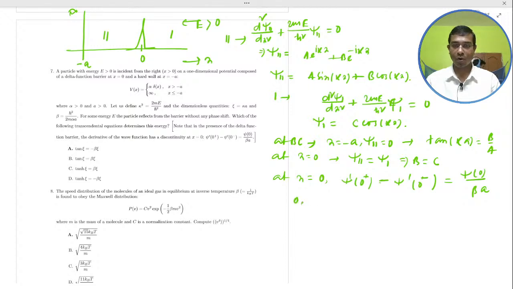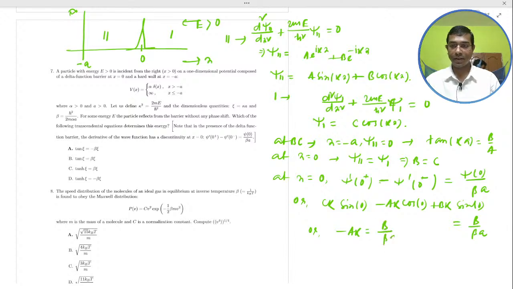Put in the values: Ck sin 0 minus Ak cos 0 plus Bk sin 0 equals B by beta a, or minus Ak equals B by beta a, so B by A equals minus beta k.